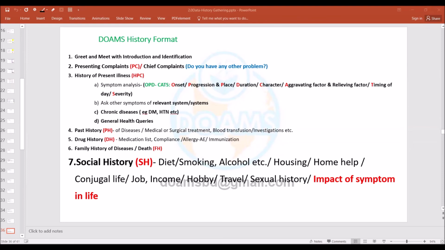How to include the sexual history here? If the patient doesn't understand with whom the patient is living, then ask, who is your partner? These are traditional words. When you ask who is your partner, they will not think of a business partner. They will think of a life partner.